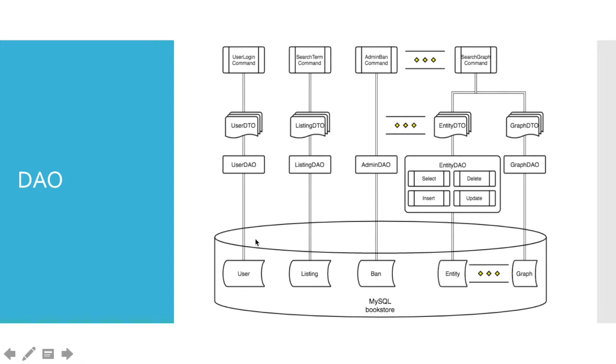It will then run the prepared statement, return the value to the user DAO. This will then pass all these results to different parameters within the user DTO. This will then be passed back to the login command, and then they will be set as attributes to be passed on to the servlet.